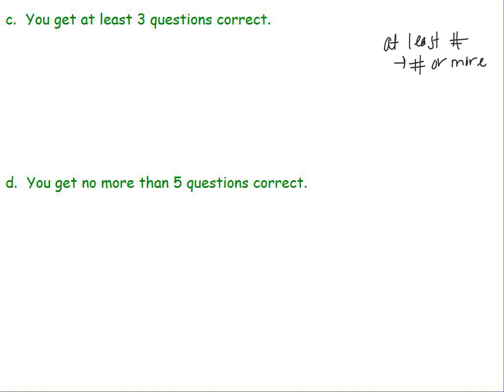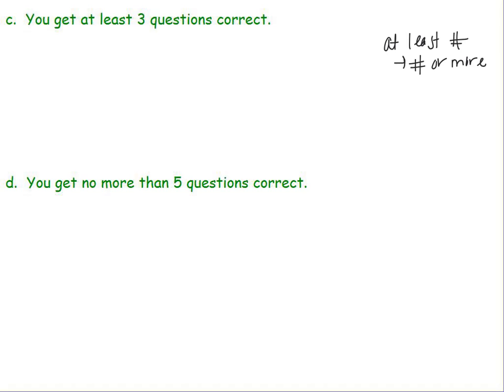Or we can think about the complement. We've learned this before. What are the ones that we don't want? Well, if we want 3 and above, the only thing we don't want is 2 correct, 1 correct, or 0 correct. Now that's only 3 options. To me, that's a lot easier to find than 8.